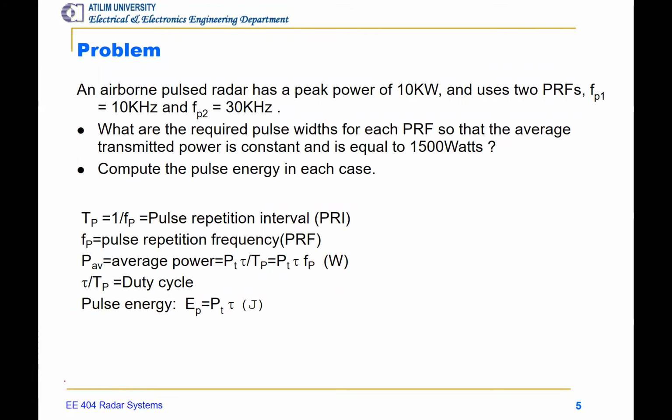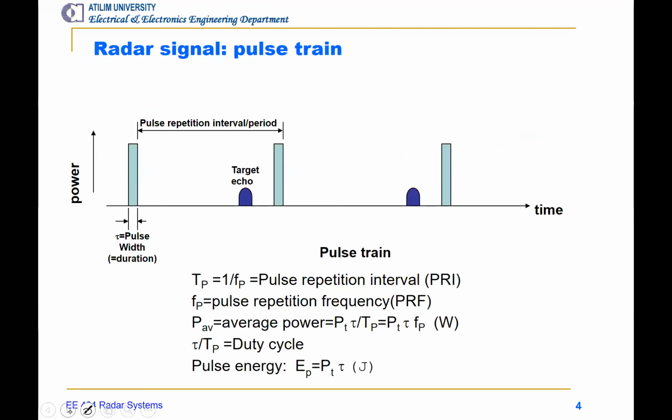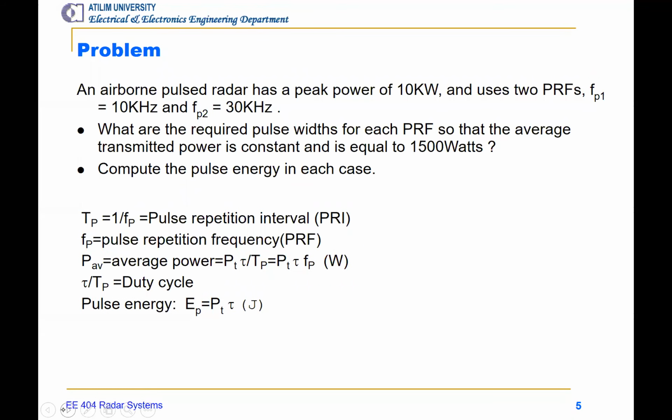Okay, we got a problem here. That's quite easy. We got an airborne pulse radar. Airborne, do you know the meaning of airborne? It's about air, so flying platforms: airplane, helicopter, unmanned air vehicles, such platforms moving in space, and we want to detect them, for example.